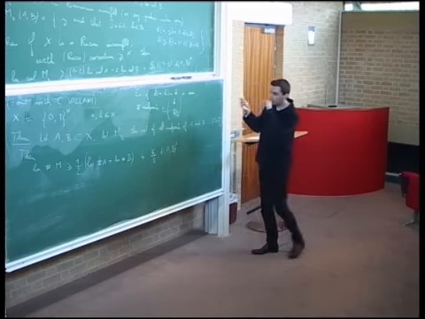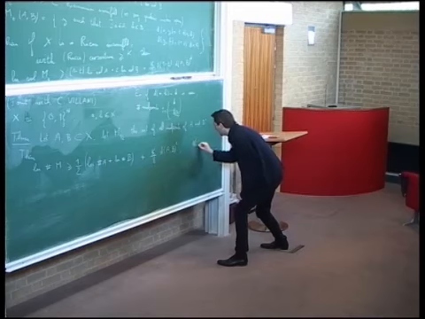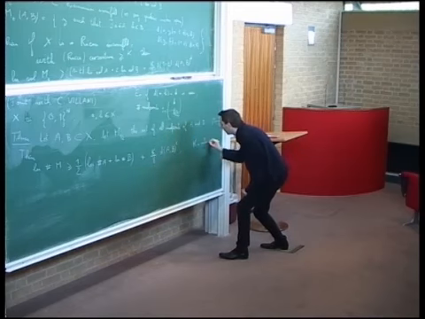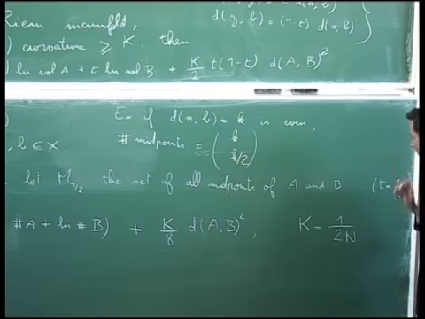And now I have to give the value of K, and the best value we have is K equal 1 over 2n, and n is the dimension of the cube.